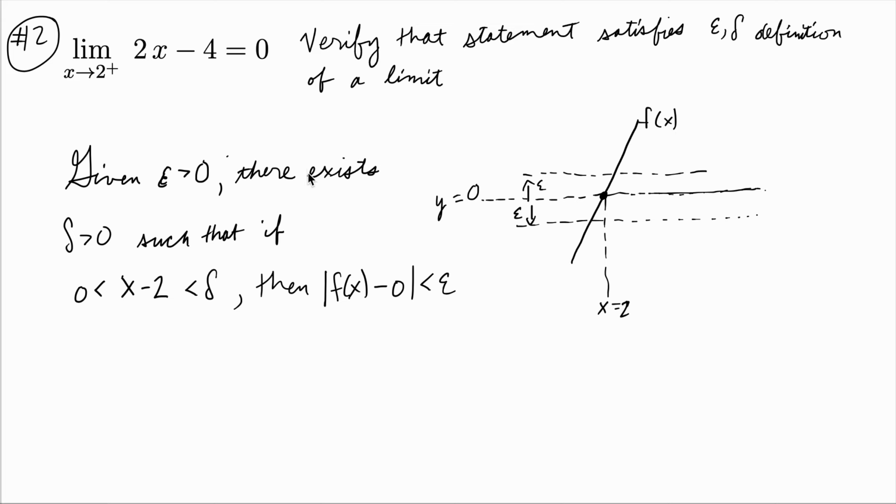So like the previous problem, instead of saying there exists delta such that if, we're going to actually find out what delta is. Okay, so right here we're going to find out what delta is.